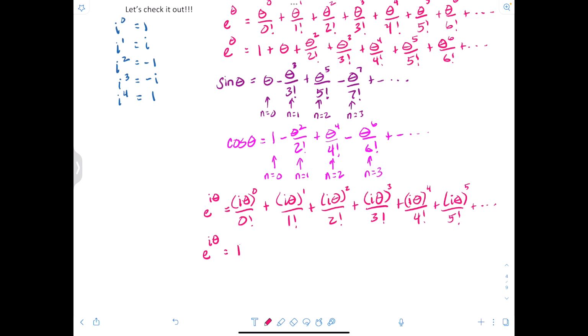1, and then we will have plus i theta over 1 factorial plus i squared theta squared, but i squared is negative 1, so that'll make this alternate. So we'll have minus theta squared over 2 factorial.